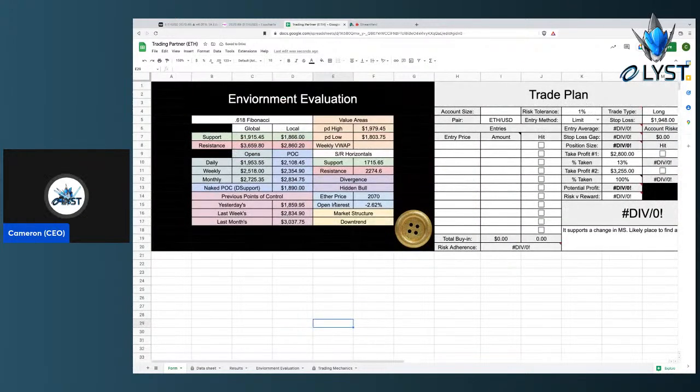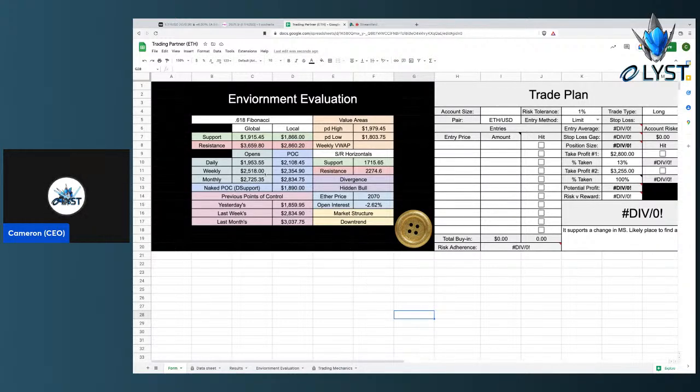So this is our environment evaluation. So when it comes to the trading partner, I want you to look at this. I want you to evaluate, but this isn't actually something that you have to update. So once this is rolled out and you have it and you're using it to map out the market, this section will be done for you, right? It'll just be updated every morning, and yeah, you won't have to worry about that.